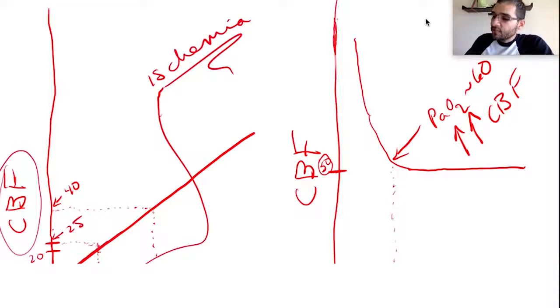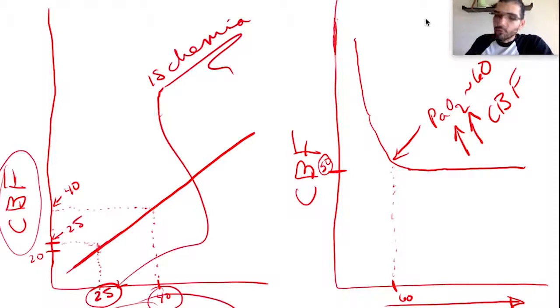At a PaCO2 of 40, your cerebral blood flow is around 40 to 50 cc's per 100 grams per minute. At a PaCO2 of 20, it is about 20 cc's per 100 grams per minute. So as you can see, the correlation between them is very, very linear.